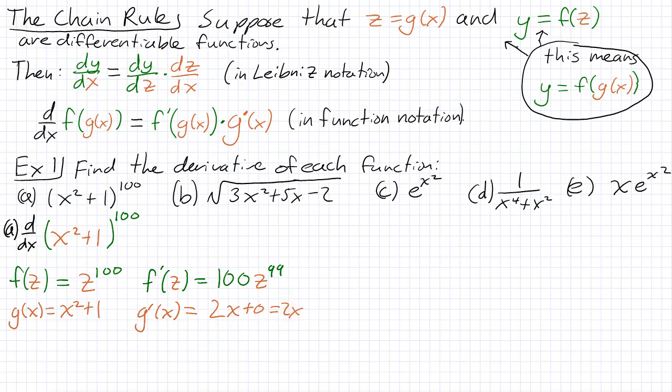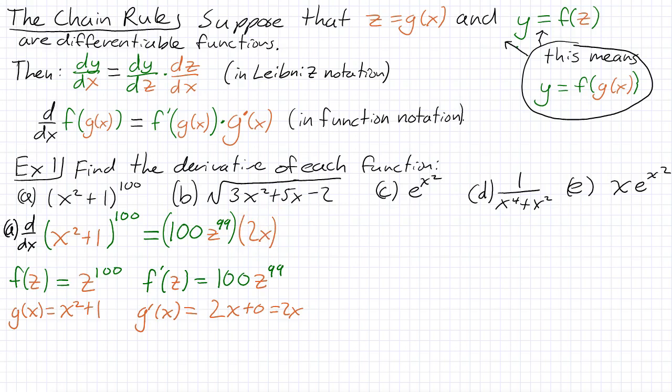And now we can put these together to get the overall derivative. So I'll do that right where we were here, and say this is equal to the dy over dz part, which you could write as 100 times z to the power 99. That's the dy over dz part, times dz over dx, which is just 2x.